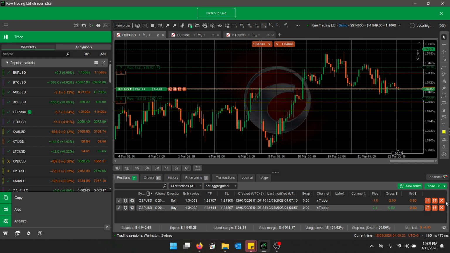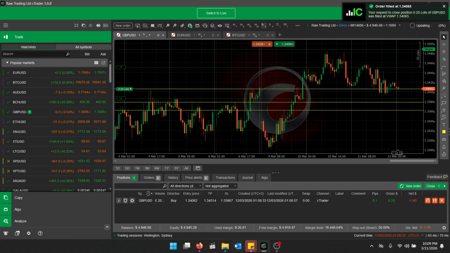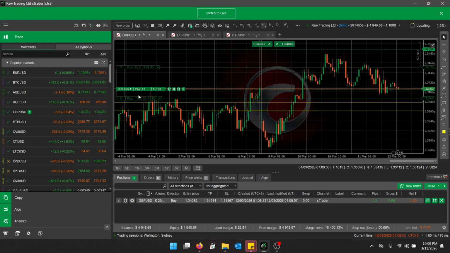If I close any of the trades, you see that the margin will reduce, because this margin is a combined amount they expect from these two trades. At least here is 26.81. They're expecting me to at least have $26.81 before I can place a trade with this lot size, the 0.2.